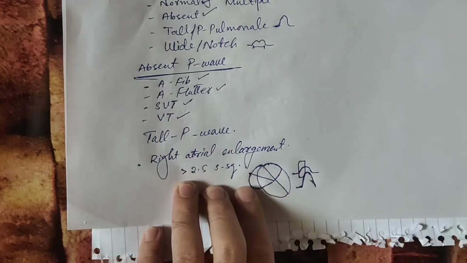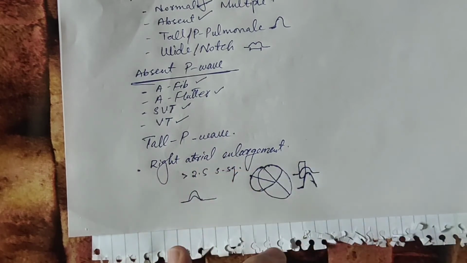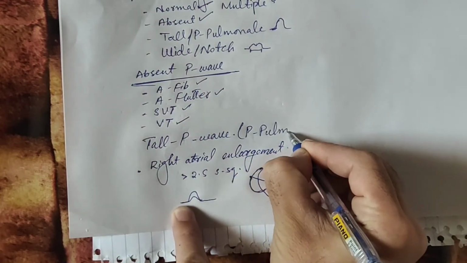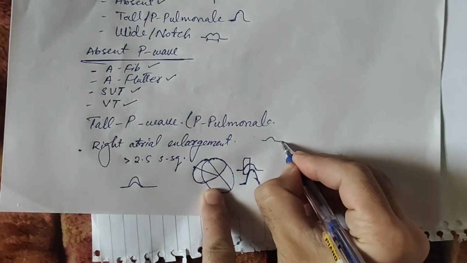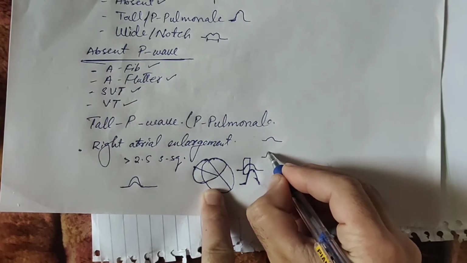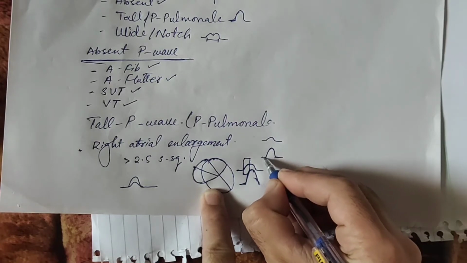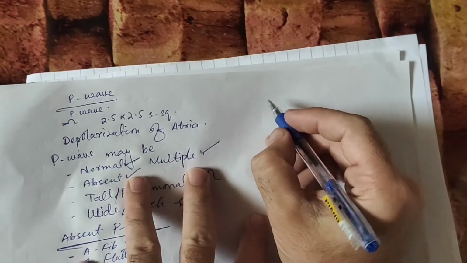Pulmonary embolism, COPD, pulmonary hypertension, tricuspid stenosis. In these cases we have P-pulmonale, the tall P-wave. This is the normal P-wave, and when there is right atrial enlargement, it takes time to depolarize, so a tall P-wave is formed. Next is the wide P-wave or notch.